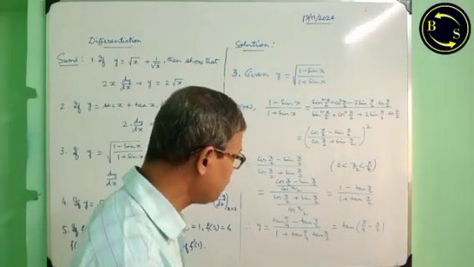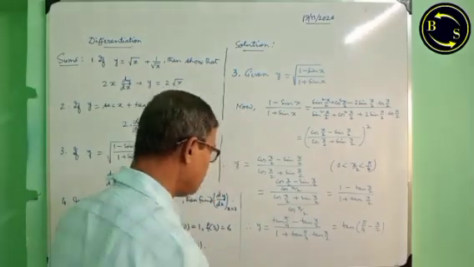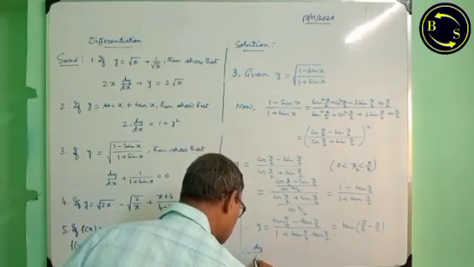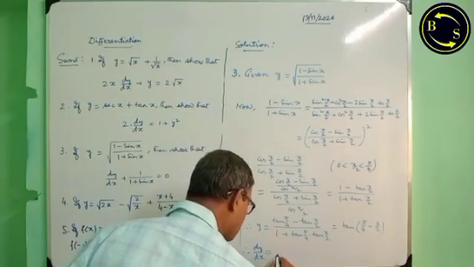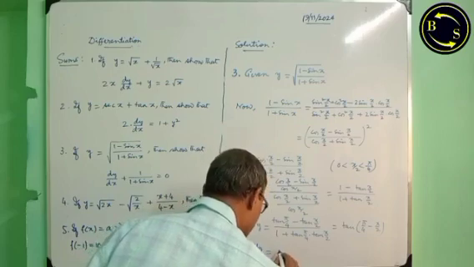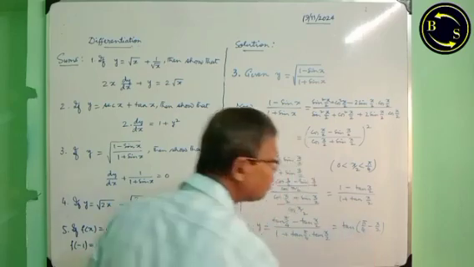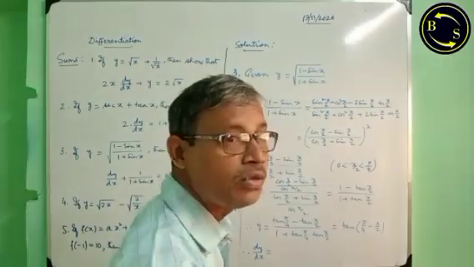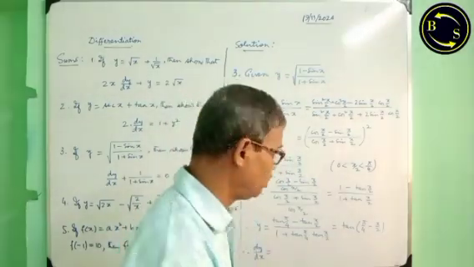Now we can find the derivative of this one. Therefore, dy dx is equal to, already I have discussed in the earlier class, we are using here the chain rule.